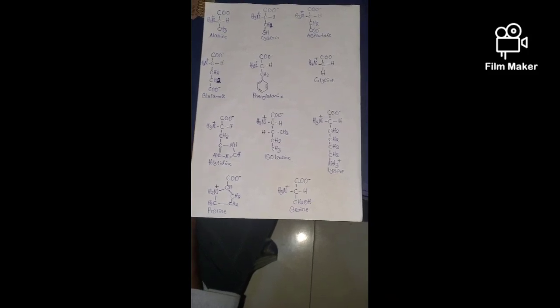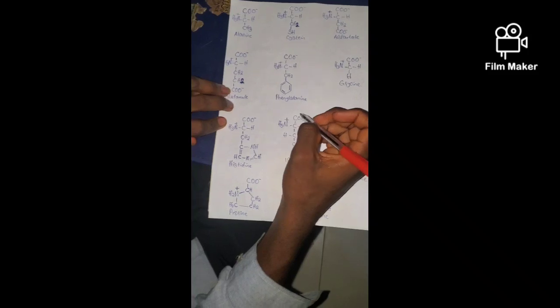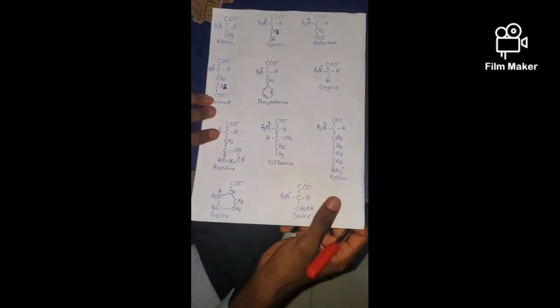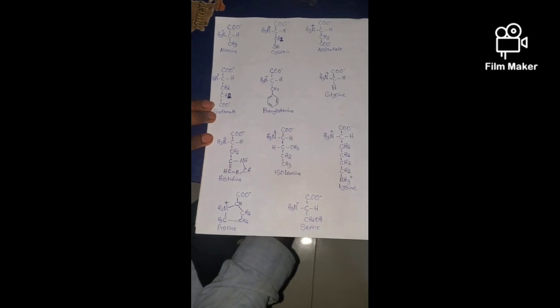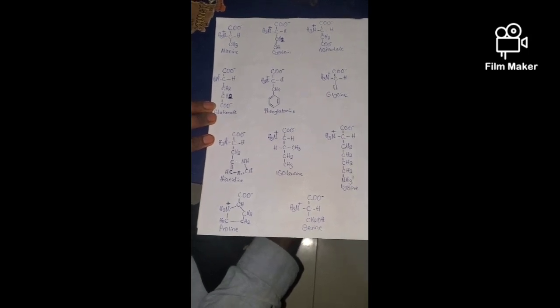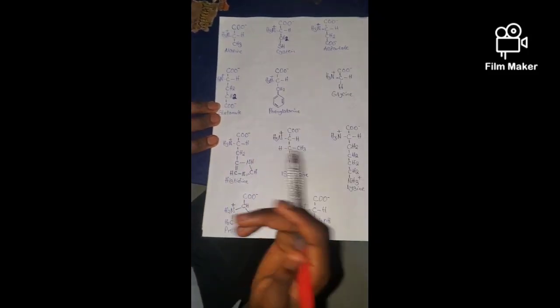Today we are going to look at the structures of these amino acids. Students find it very difficult to comprehend or memorize these structures. Of course, looking at them, they are very complicated. Some of them are very similar, and you wonder how you'll be able to understand the chemistry behind the structures.